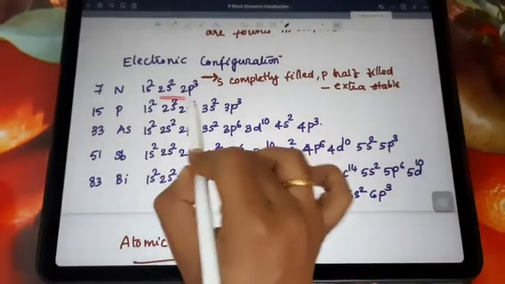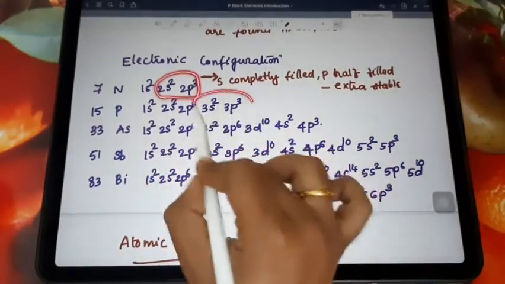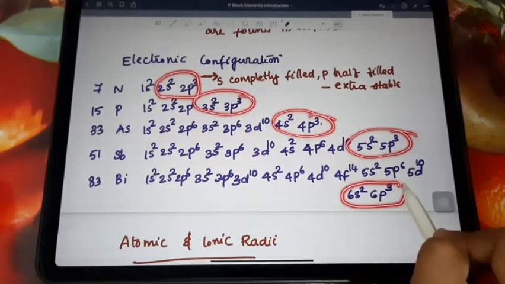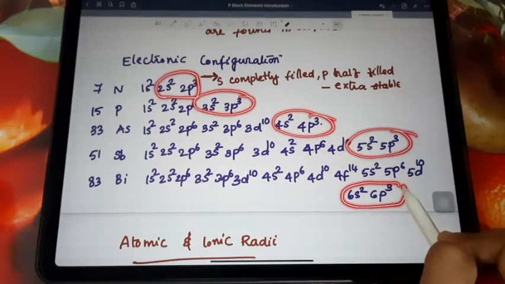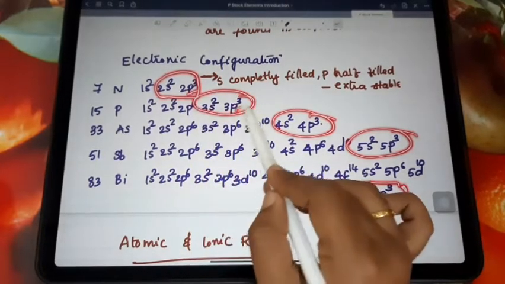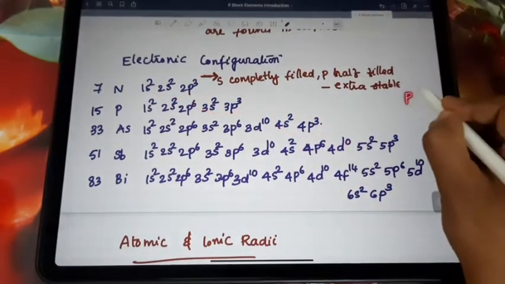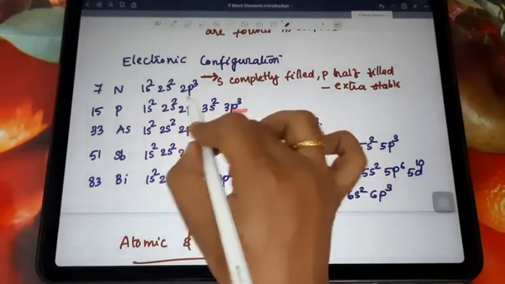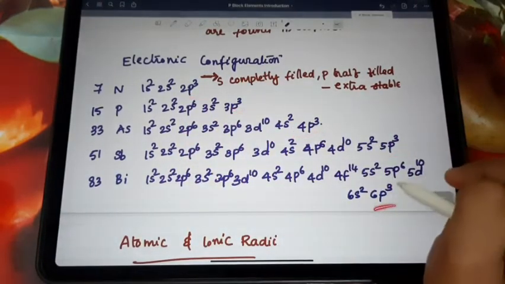So here, when you consider the last shell, you can see that there are 5 valence electrons, and every one ends with p3. You know that the p subshell can maximum accommodate 6 electrons, but here in every case it has p3.